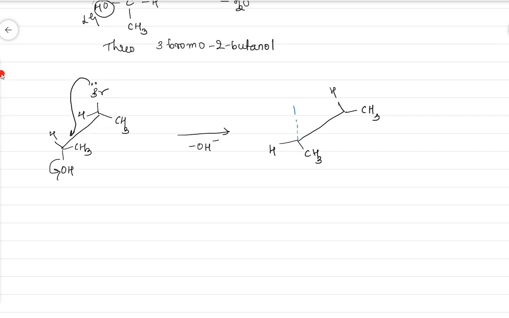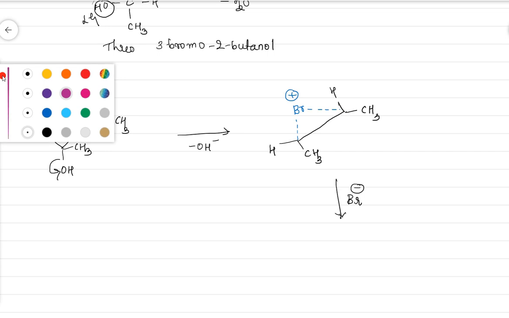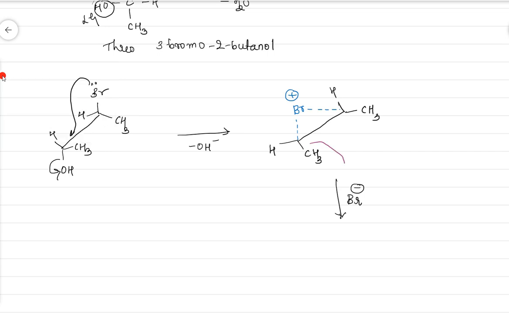This is the cyclic intermediate, positively charged. Next, attack of the nucleophile. Which nucleophile? Br. Now because of the cyclic intermediate, two possibilities are there, A and B. Let's write what are the products of the two possibilities.